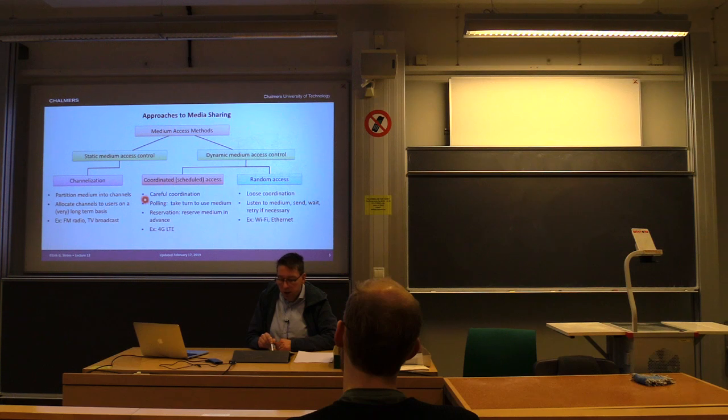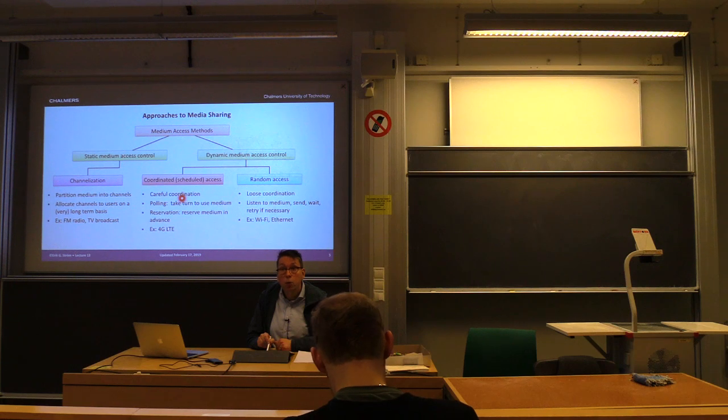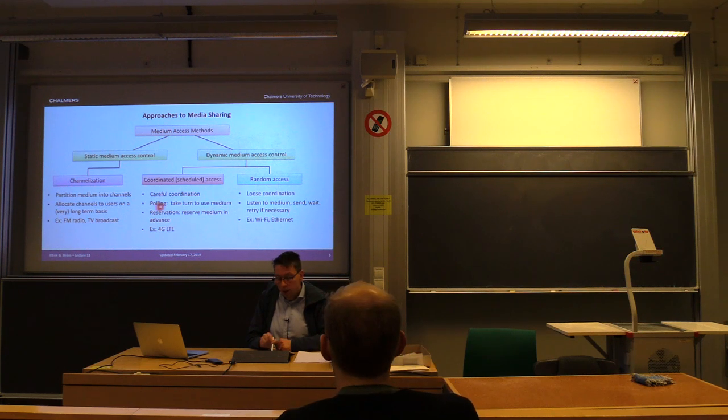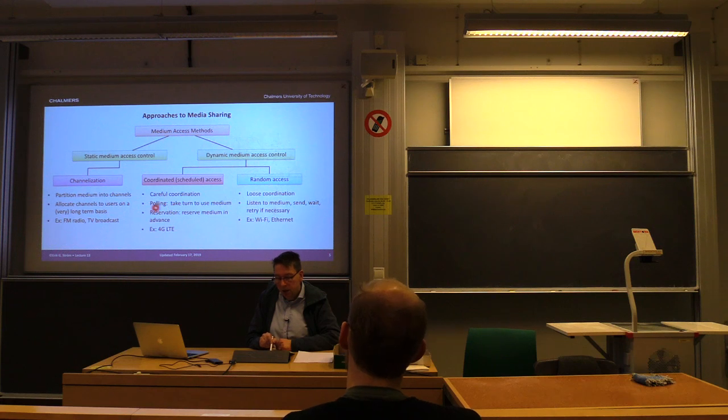So when it says coordinated here, we do careful coordination. So what is careful? Well, it will become a little bit clearer later on what careful means. But essentially what we do here is that before we actually transmit any data, we coordinate the transmissions between the stations, the users, or the transmitters that would like to use the medium. And one way to do that is through something called polling. We'll talk more about that later on. But basically somebody organizes this.